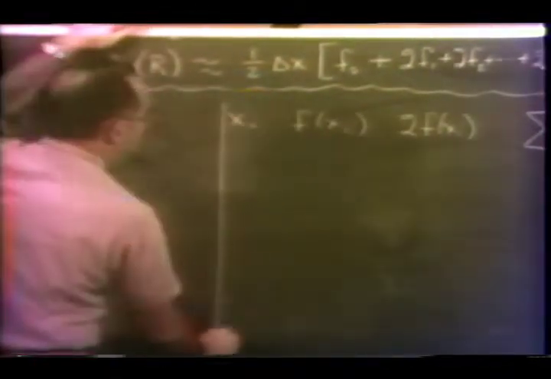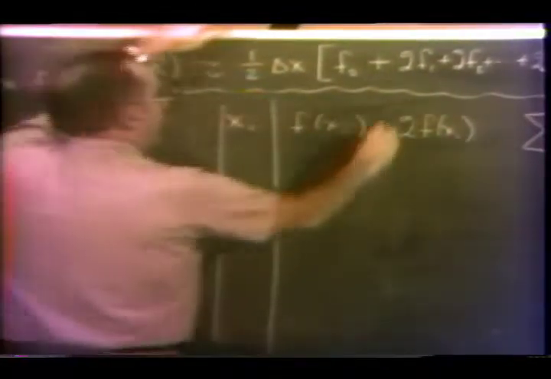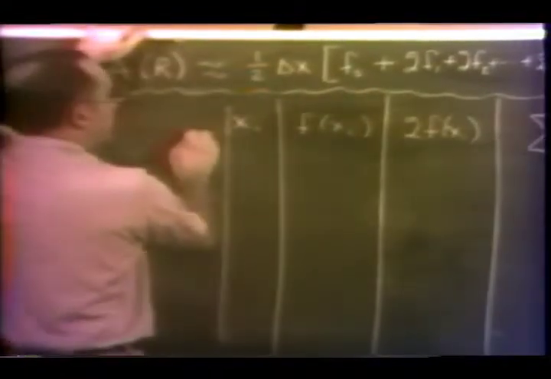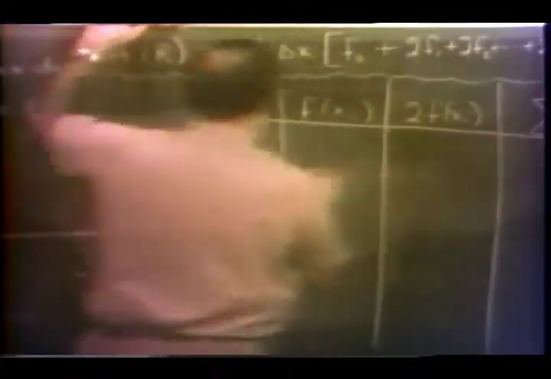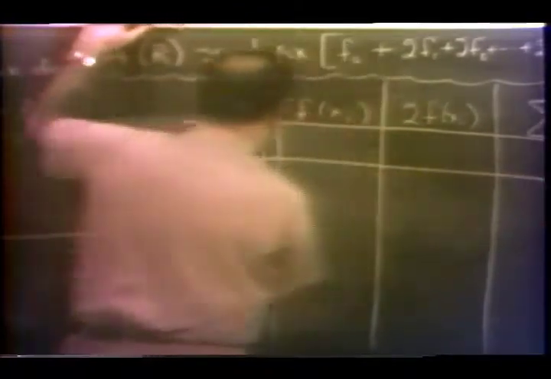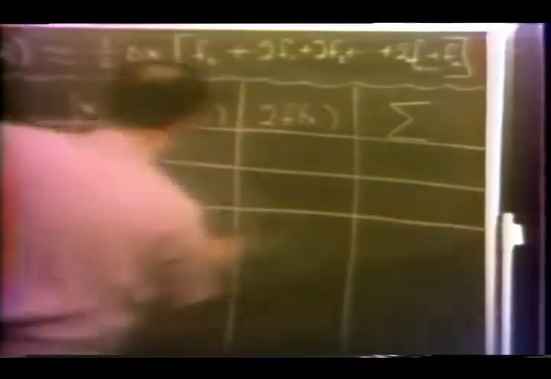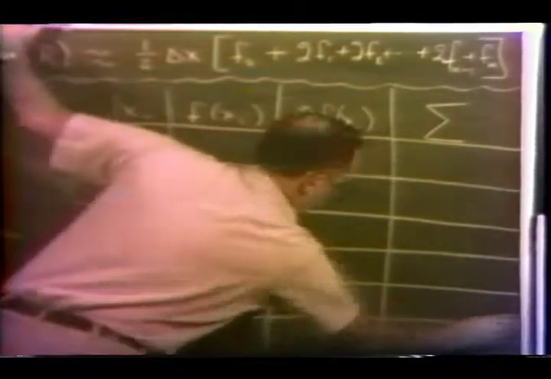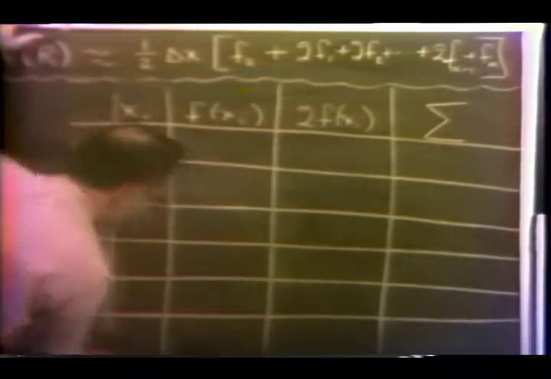So if we set up our tabular form here, we'll have something like this. I think we'll be able to get it all on.